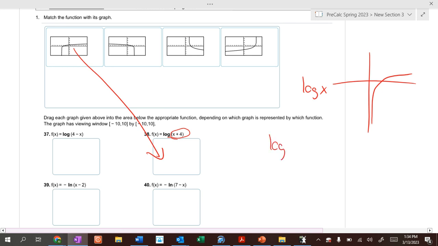The log of 4 minus x. Well, the log of 4 minus x is the same as the log of negative 1 times x minus 4, excuse me, because the 4 is positive there, becomes negative here. So if you factor out a negative 1, it becomes this. Factoring out a negative 1 does what?